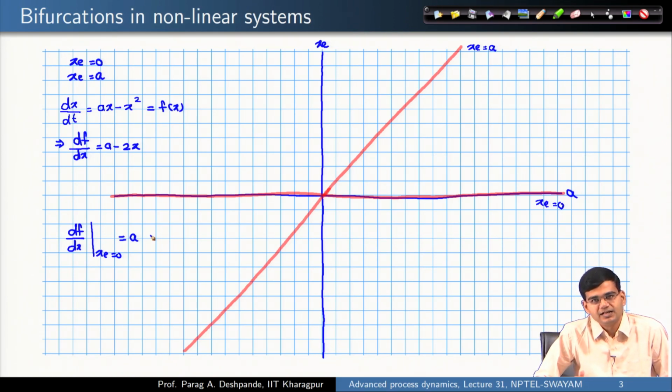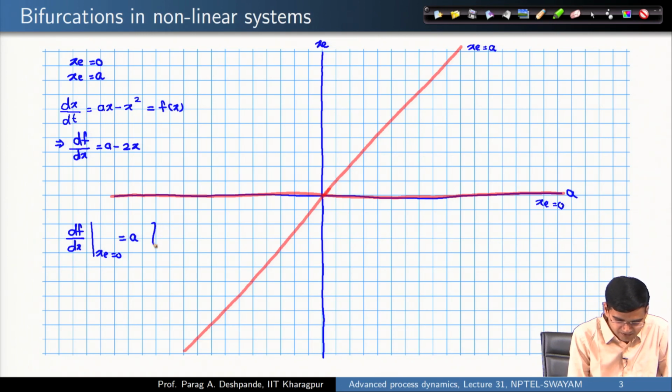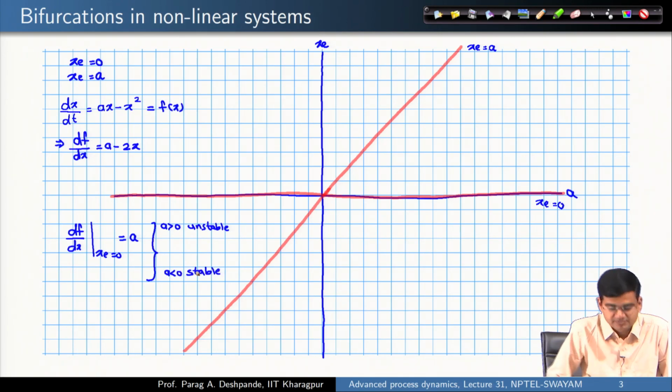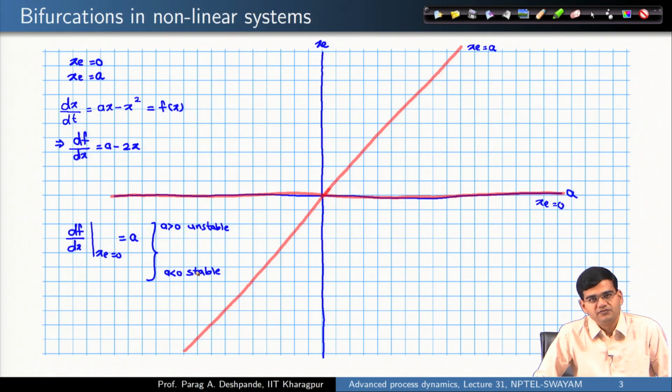So, like what I did for the case of logistic equation, I can do this analysis that for a greater than 0, I have the unstable part, and a less than 0, I have the stable part. Not very difficult to see.